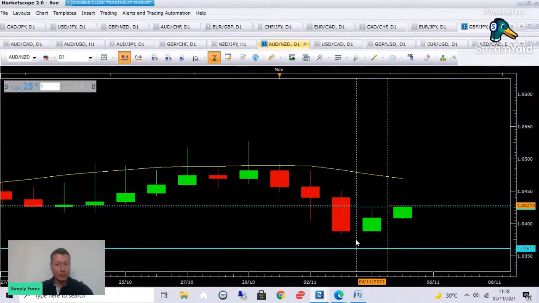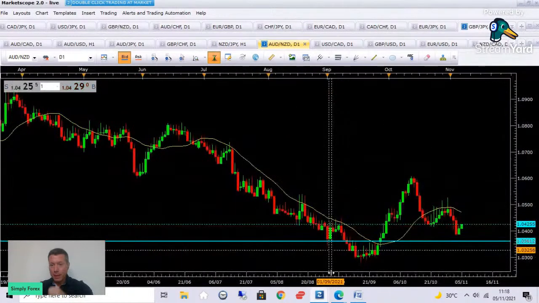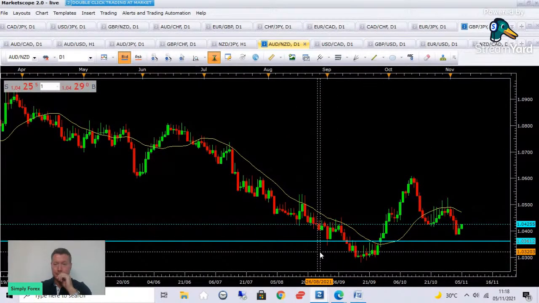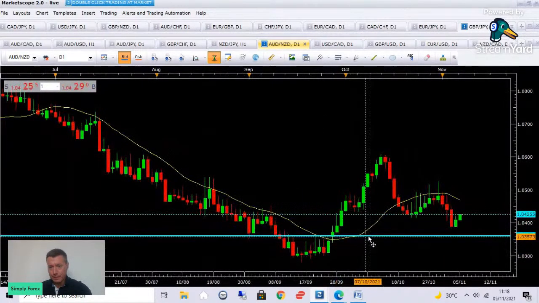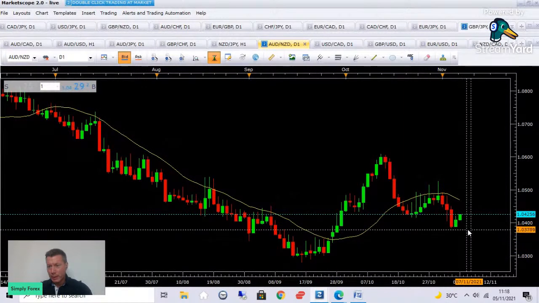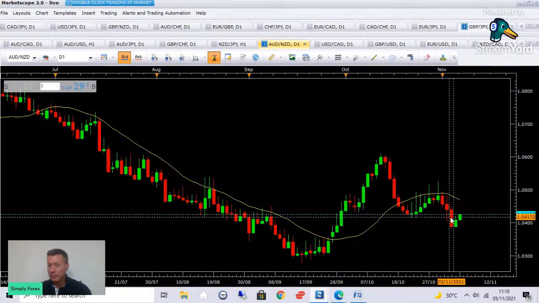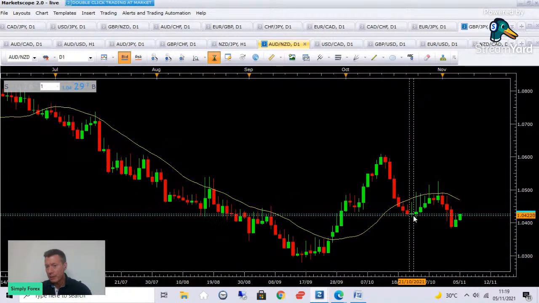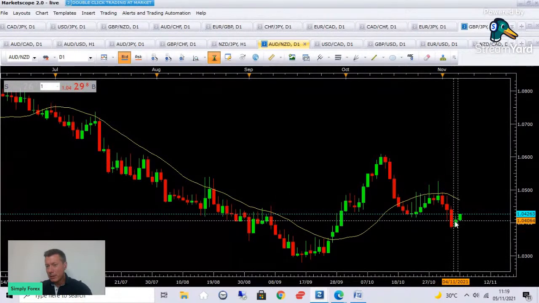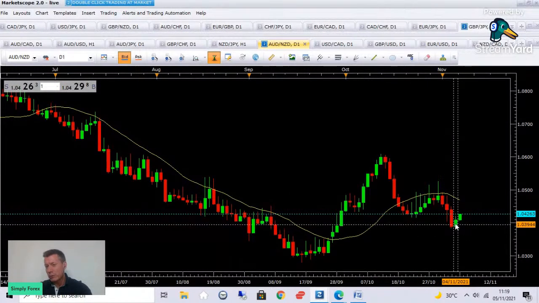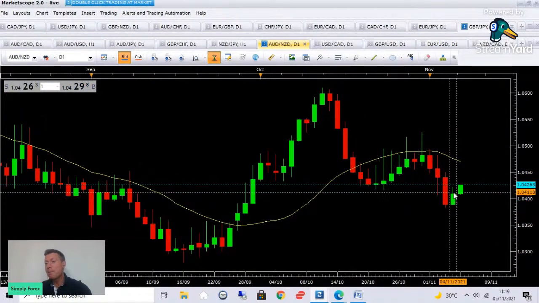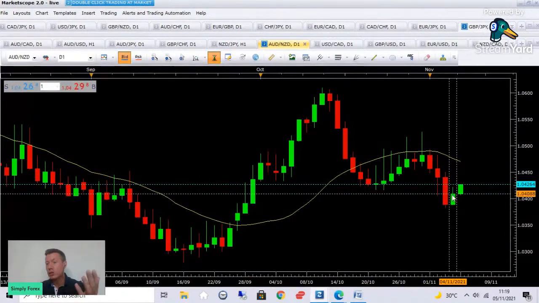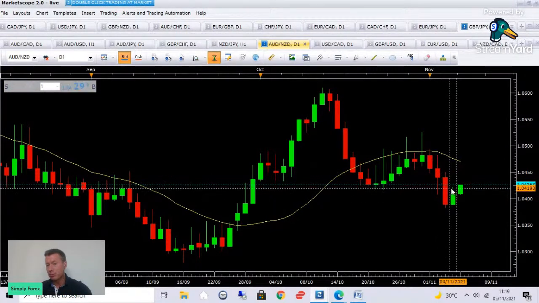Aussie dollar, New Zealand dollar. We had a large bearish candle a couple of days ago. It has broken this low, but because of this green candle yesterday, I would like to see a bigger wick on this green candle, a bigger rejection at this price.